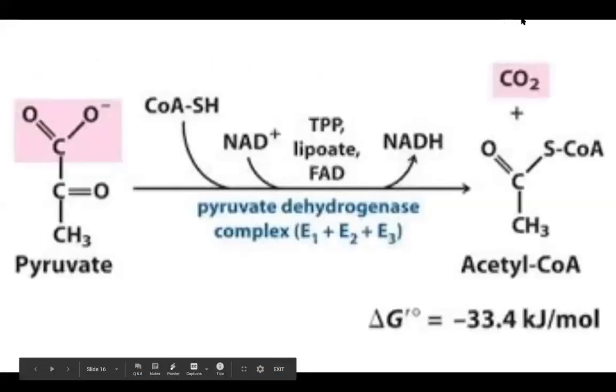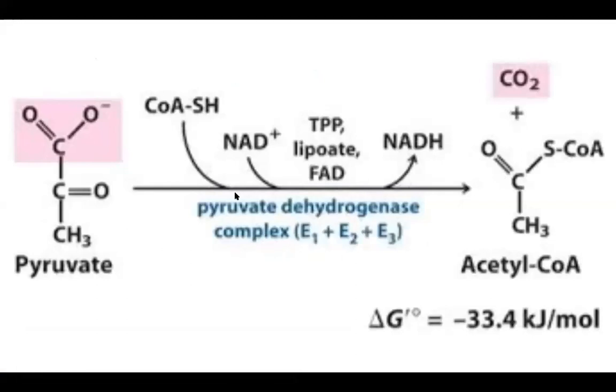Okay, so this is how it works. You have your pyruvate molecule, and there are a whole bunch of things that happen here. It takes in cofactor A, and it releases NADH. But the ultimate important part is that it releases carbon dioxide and acetyl cofactor A. Acetyl cofactor A is kind of a combination of acetyl and the cofactor A, and you'll see how they're kind of disjoint in the next step.